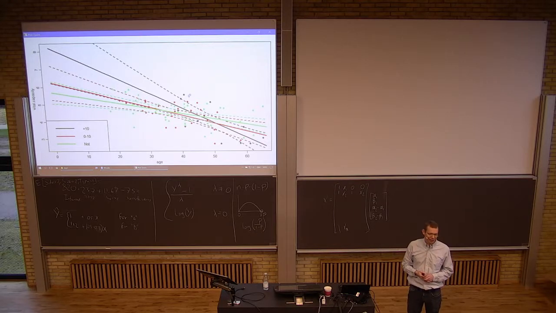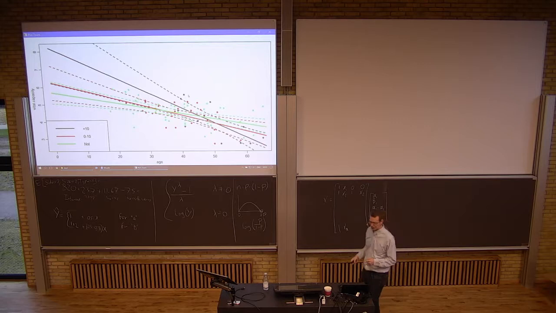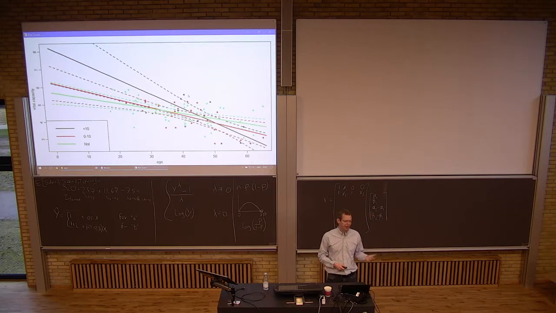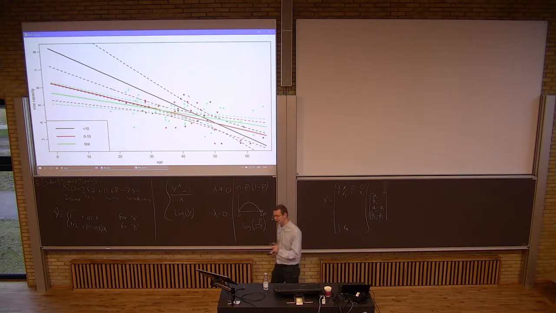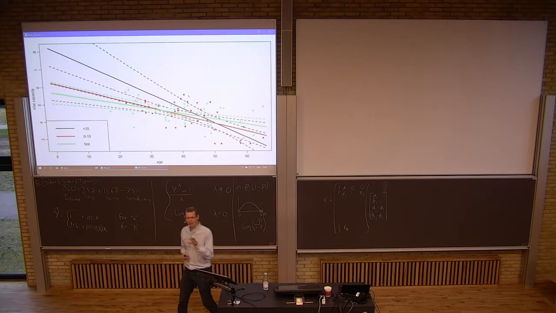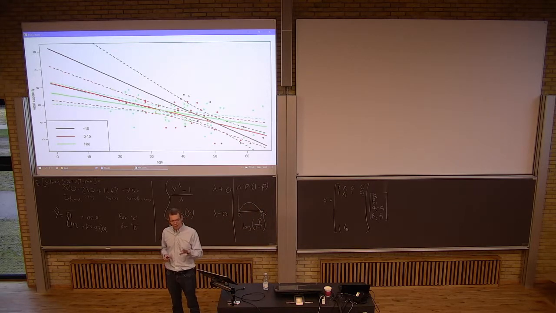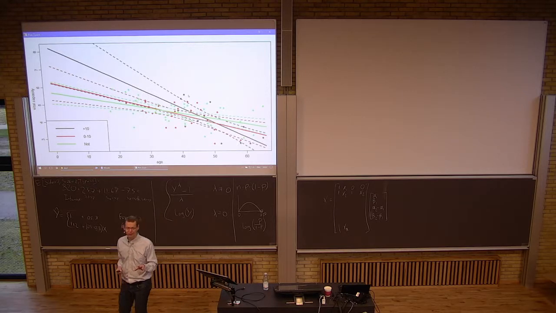So this is the kind of model where you combine everything. Of course, you can also consider all sorts of transformations and other things. Keep in mind one thing that I did not mention a sufficient number of times: if you transform the response, you cannot compare two models with different transformations, because it's not the same observations that you have.